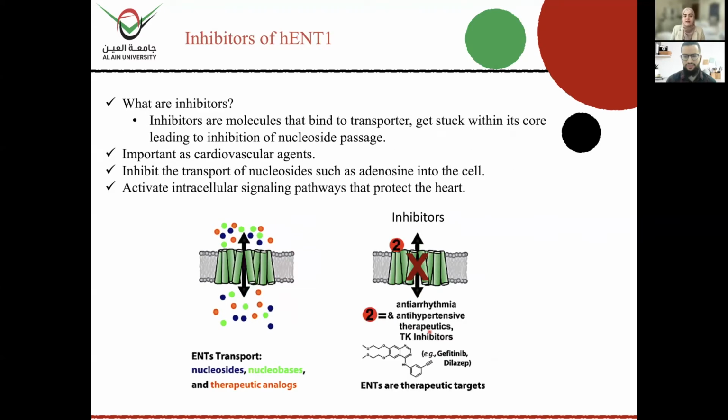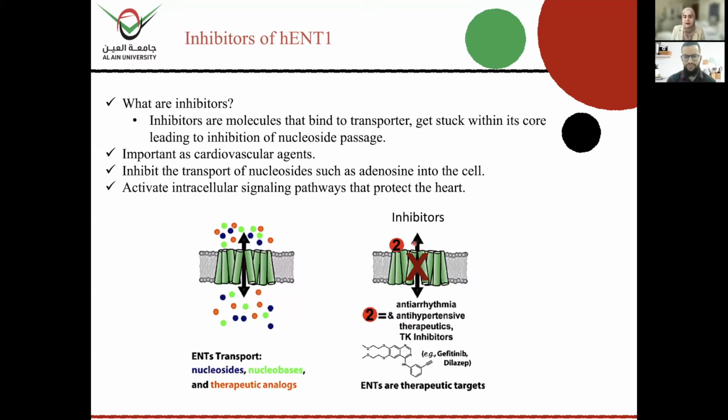On the other hand, inhibitors are molecules that bind to the transporter and get stuck within the transporter, leading to the inhibition of nucleoside passage. These inhibitors are important as cardiovascular agents, such as antihypertensive and antiarrhythmic drugs.